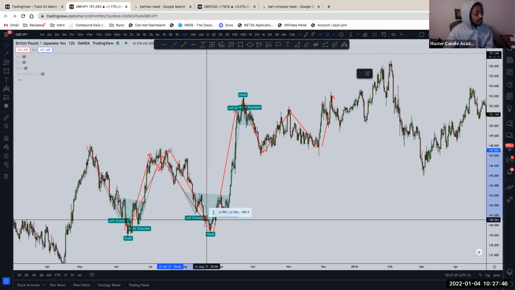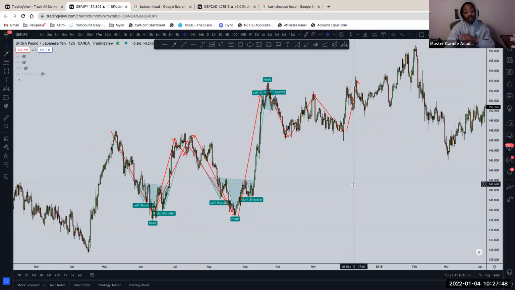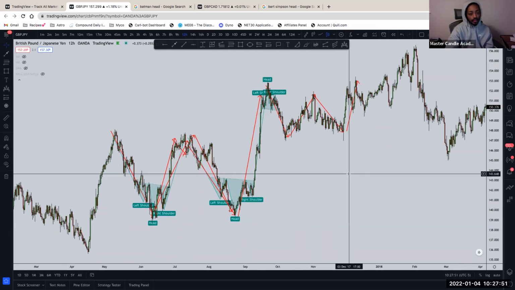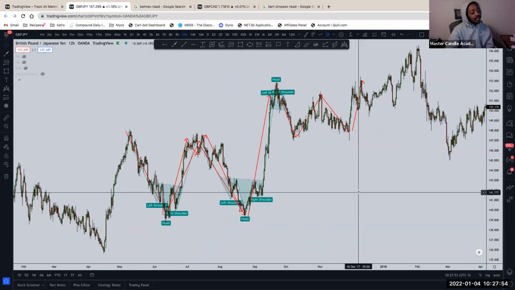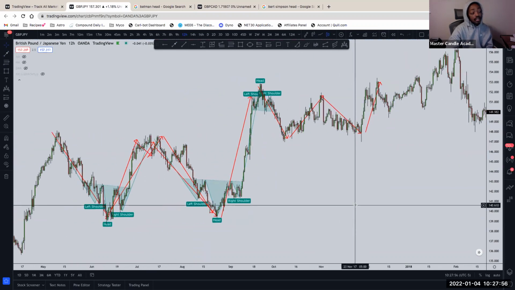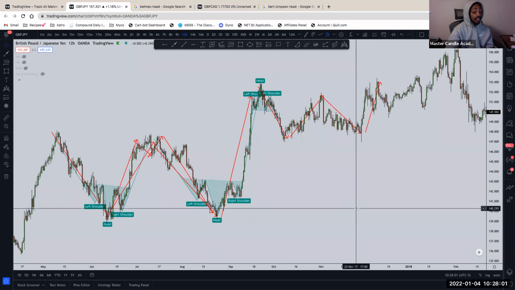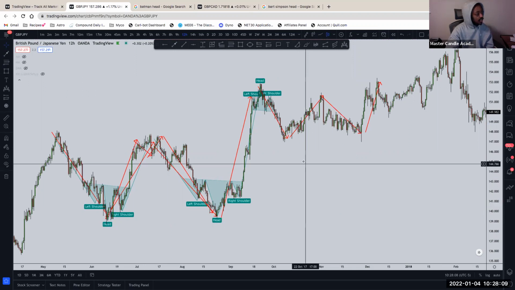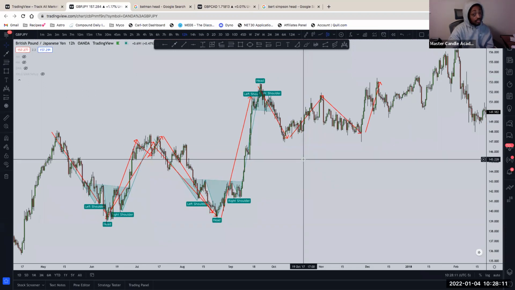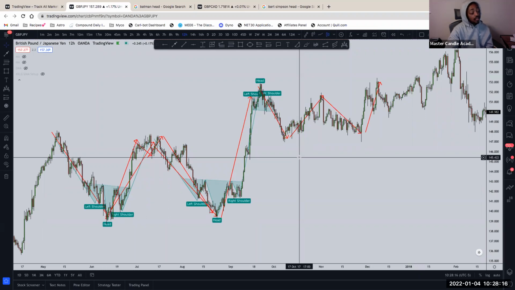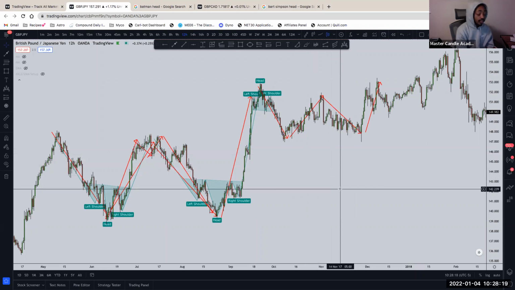If you guys can identify all of these patterns, you can trade every single move in the market. But you realize how we're not dissecting 30 different charts a day. We are dissecting one chart, understanding everything about that chart, the way it moves, the way it breathes, the way it sleeps. That's how it should be, because the day that you focus on one pair is a day that you'll start making a lot more money.